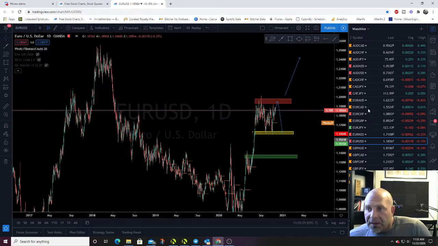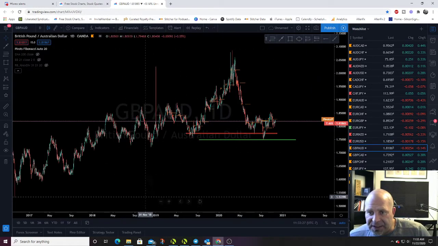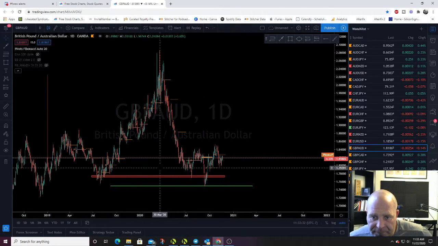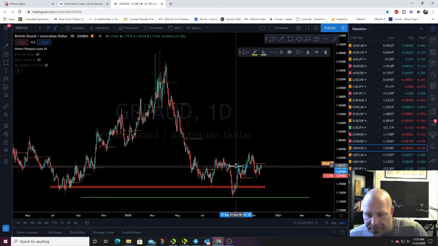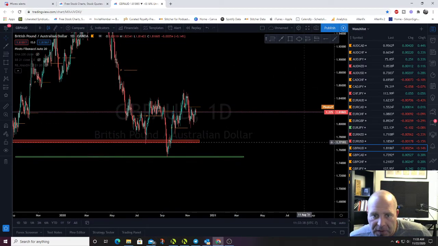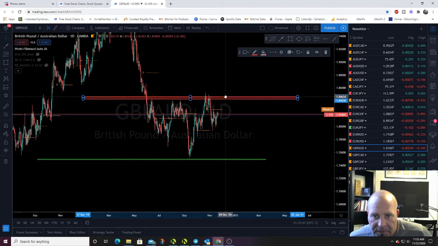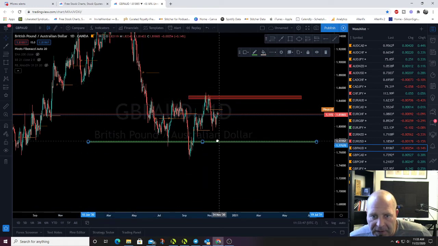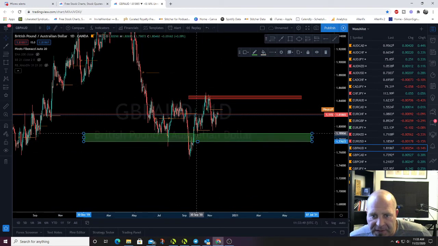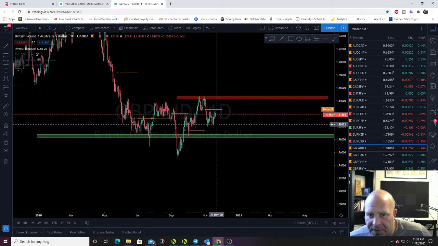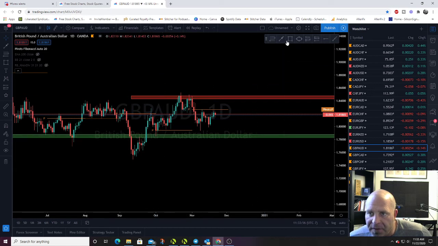Okay. All right. GBP AUD. Oh, man. Look at it. That is my bearish zone. I like this zone more as my bullish. And I'm going to call the tops.